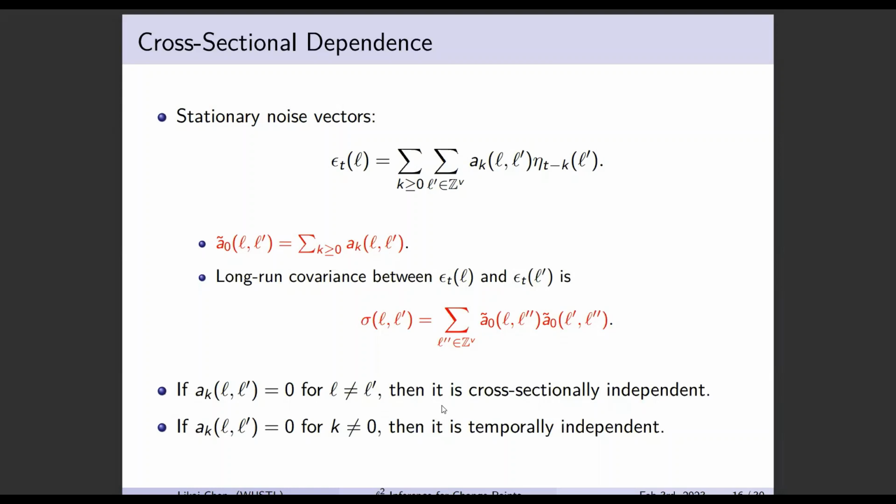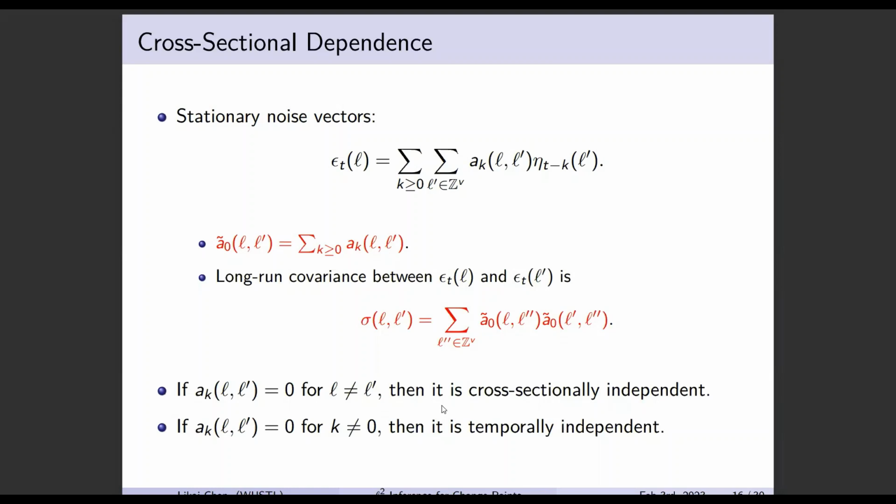capture the long run covariance between two series. So epsilon TL and epsilon TL prime correspond to the noise at the locations L and L prime. The long run covariance between these two locations can be captured this way. The representation does not matter that much. It's just this sigma corresponding to the long run covariance between these two locations.